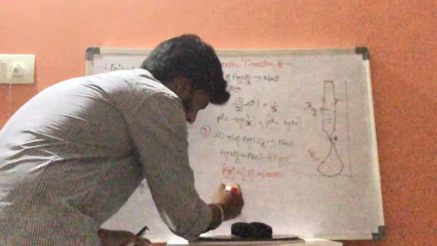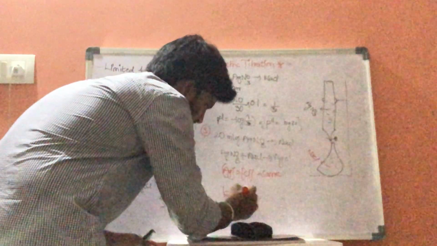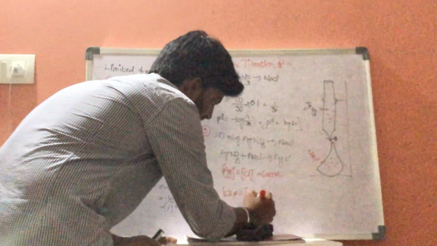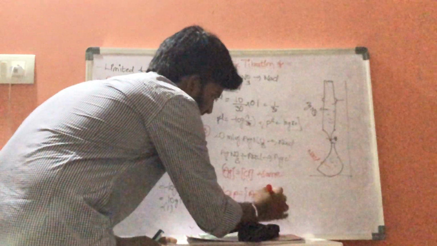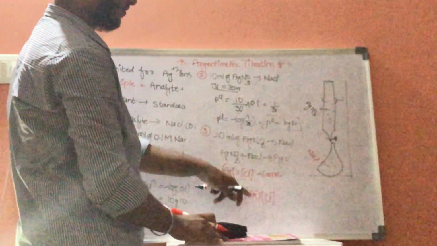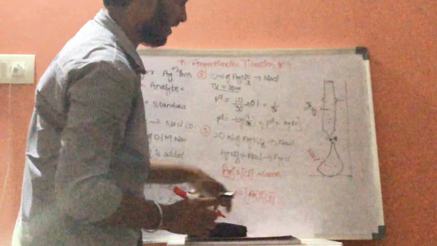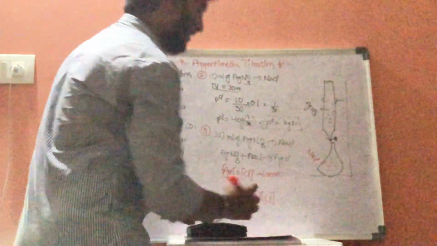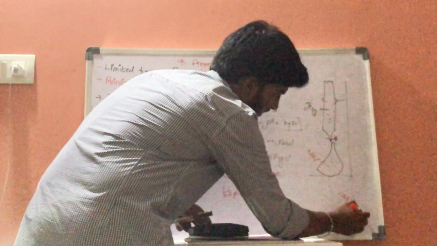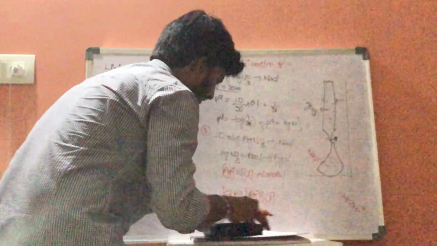Now let us consider the Ksp value. Ksp is equal to the concentration of Ag into Cl. The Ksp value of AgCl is 1.772 into 10 power minus 10.